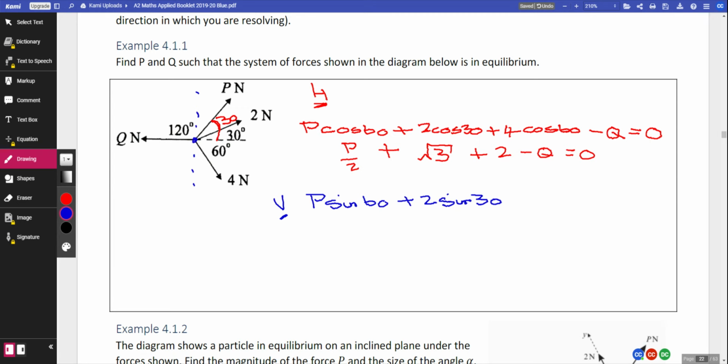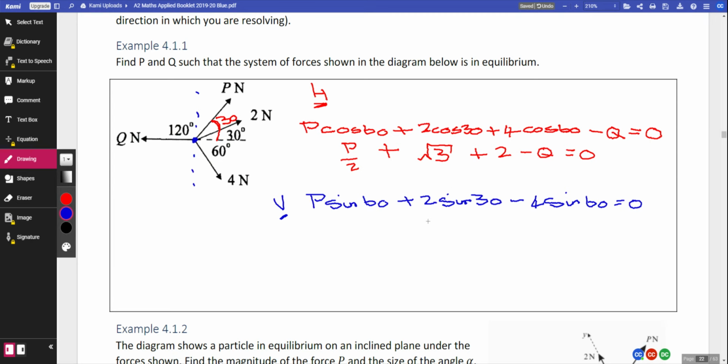I'm treating this almost like it's the origin, like I've got some axes on there, and if that's the origin, then this one, if you were thinking about its coordinate, we've come across positive on the x, so that's positive horizontally but negative vertically, so it's going to get minus 4 sine 60 is equal to 0. Q is acting perpendicular to that direction, so it doesn't need to be included. So P, 2 and 4 are the only forces that I need to include.